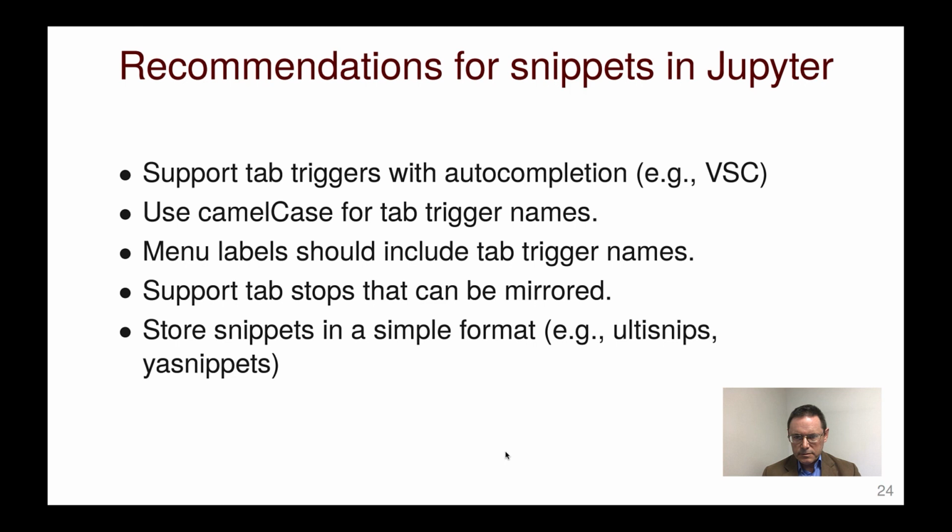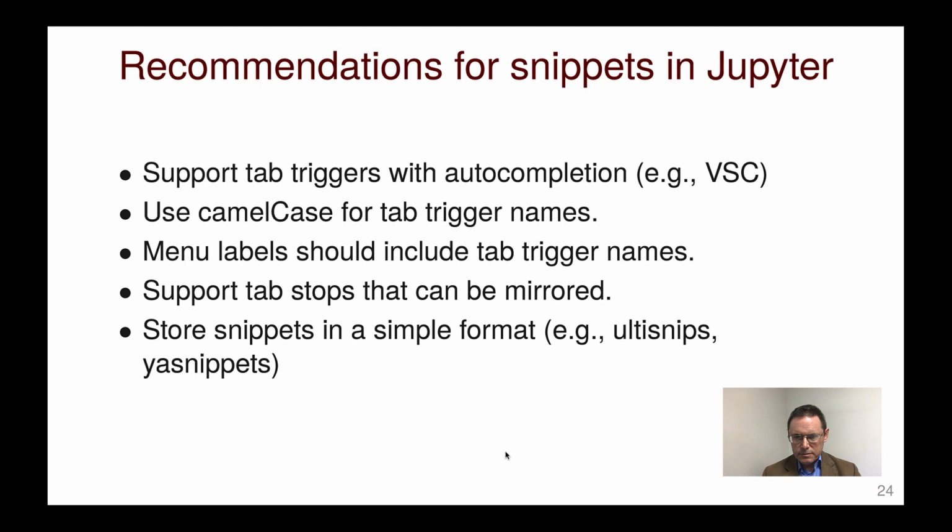The problem with that is that underscores are hard to reach on the keyboard. It's more ergonomic to use camel case. And since you may be entering snippets quite often, it would be beneficial to stick with camel case. The menu labels should also include these tab trigger names.